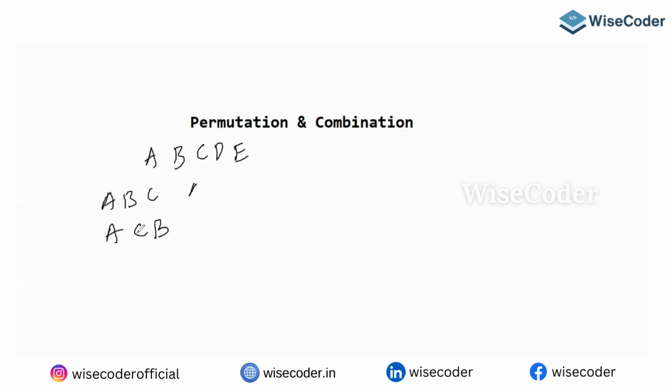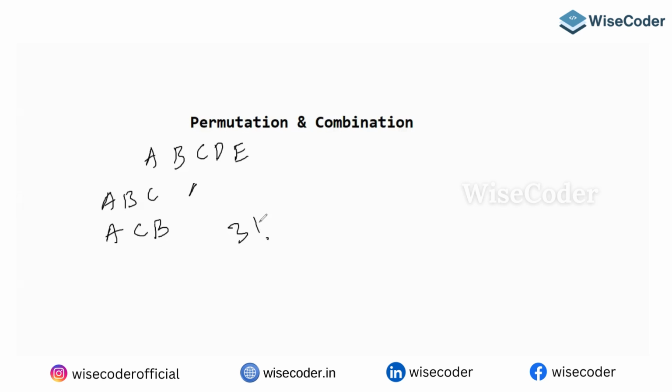The point is this: all the arrangements that are possible with ABC, in the case of selection, we would count as only one selection, since ABC can be arranged among themselves in 3 factorial, which is 6 ways. All 6 ways count as only one in the case of selection, and not an arrangement.